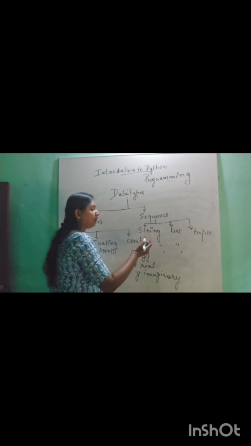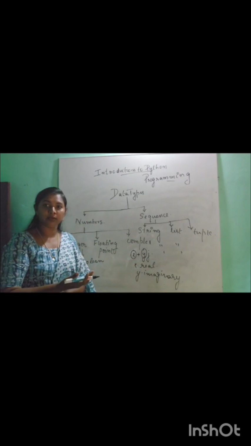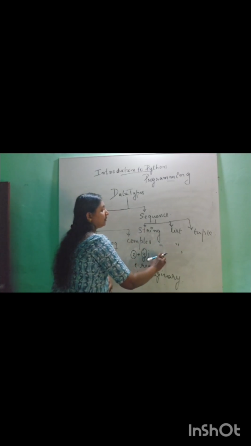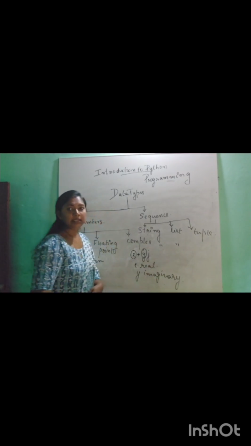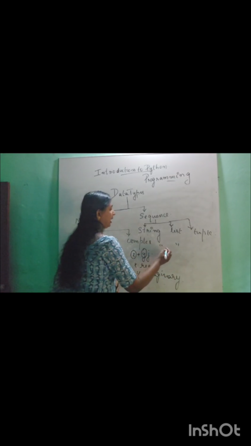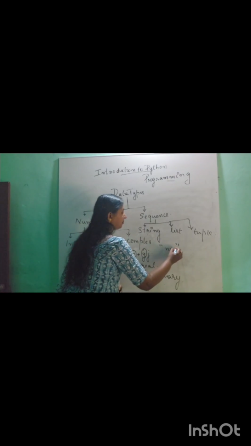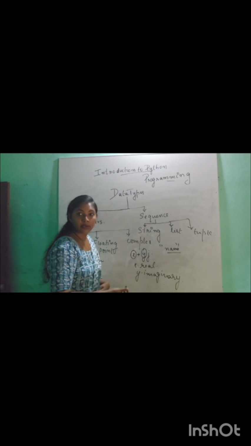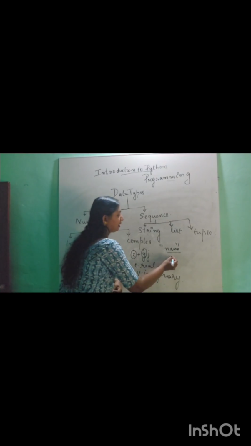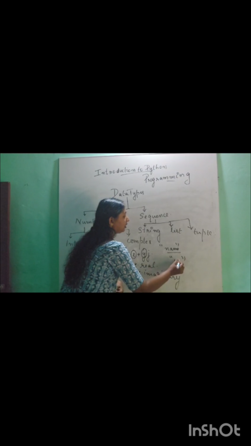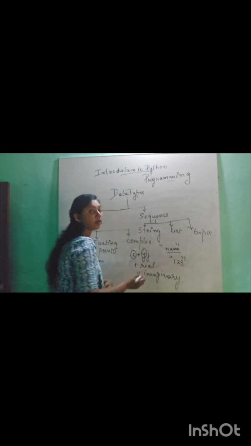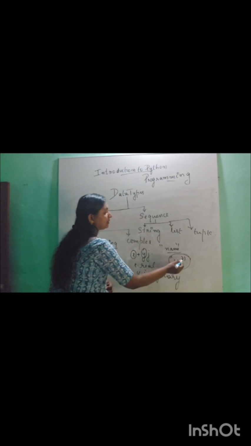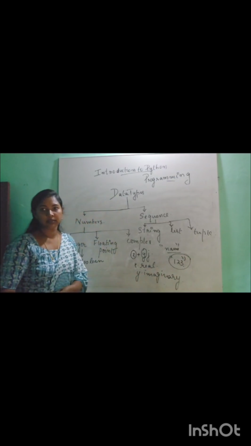A string can have special characters, underscores, digits, anything enclosed in double inverted commas is considered a string. For example, "name" is enclosed in double inverted commas, so it is treated as a string. Then "123" is not a number. This is considered a string because it is enclosed in inverted commas.